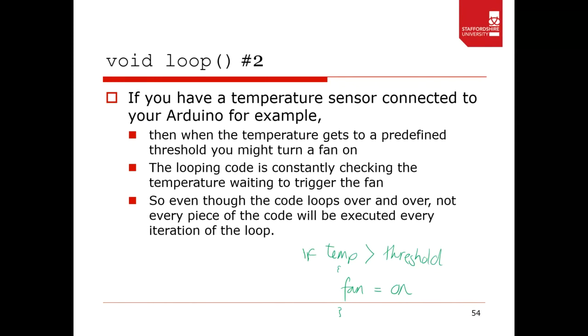But then when we develop this further, we don't want to check sensors every time around the loop. So we will be using an interrupt to say, has this amount of time elapsed? Check the fan. Has this amount of time elapsed?